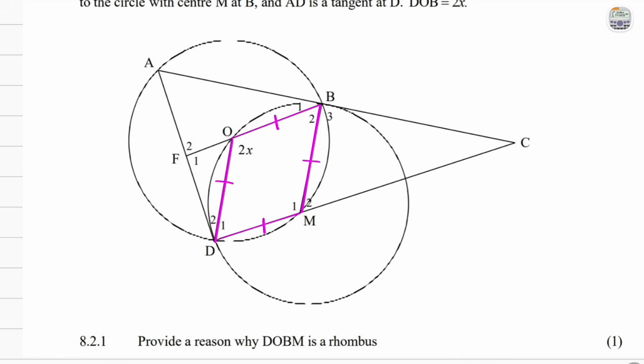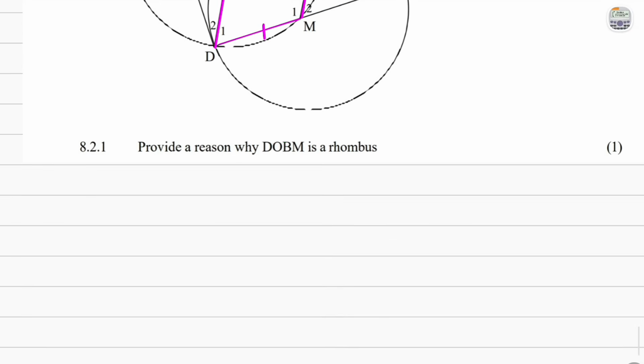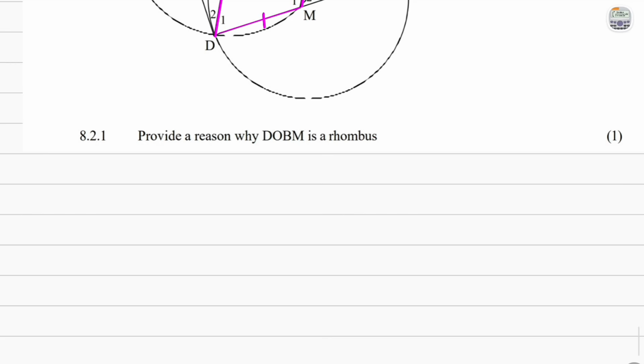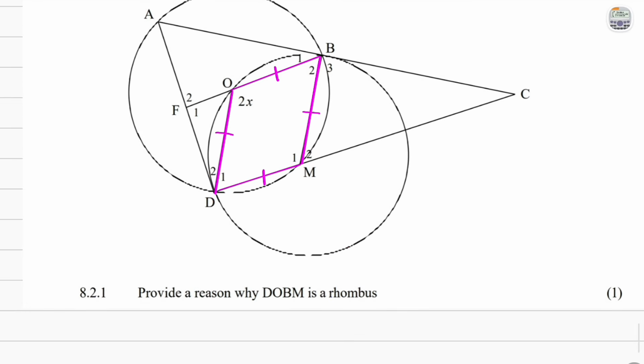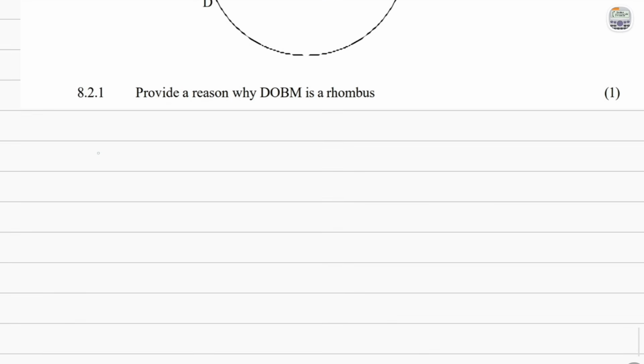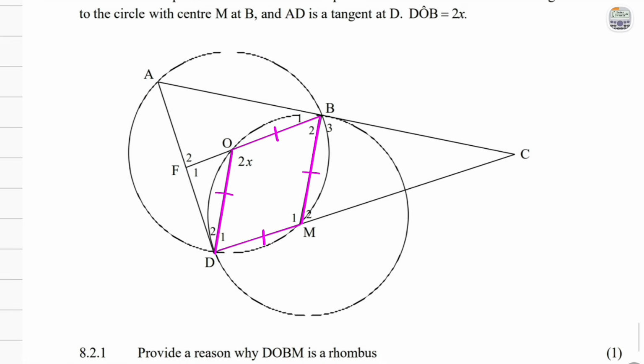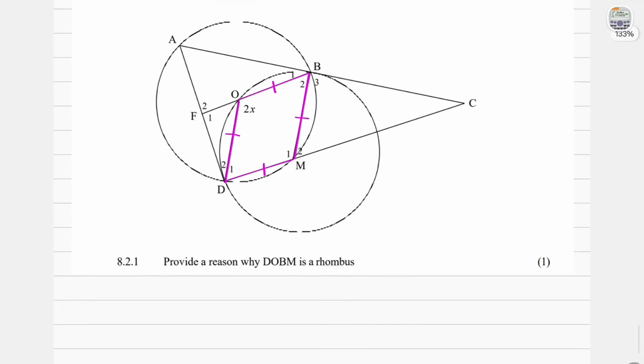But what I will focus on, so that I can first say it's a parallelogram before further proving it's a rhombus, is that the opposite sides of this shape are equal. Now that I think about it, because of how they phrase the question, they say provide a reason why it's a rhombus, so they don't really want us to go into proving it. So I'll tell them that all the sides are equal because these circles are equal, so all the radii are equal.